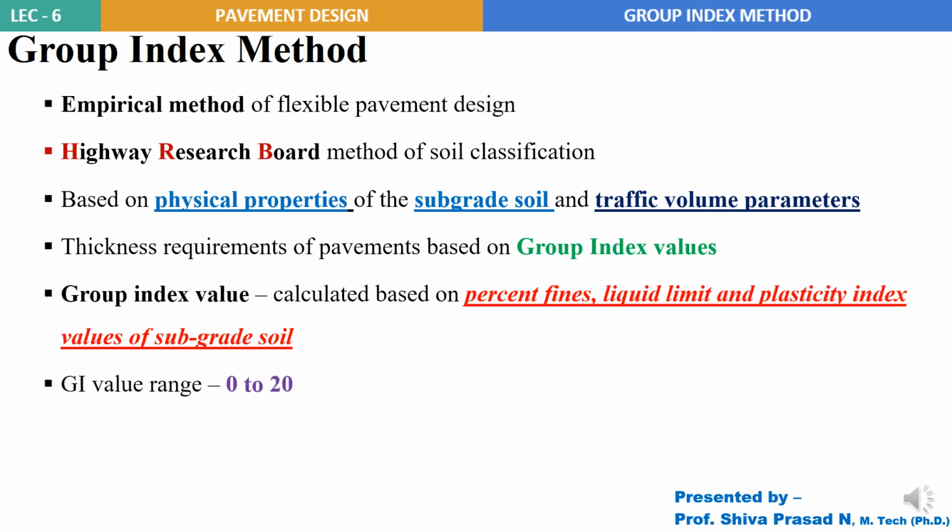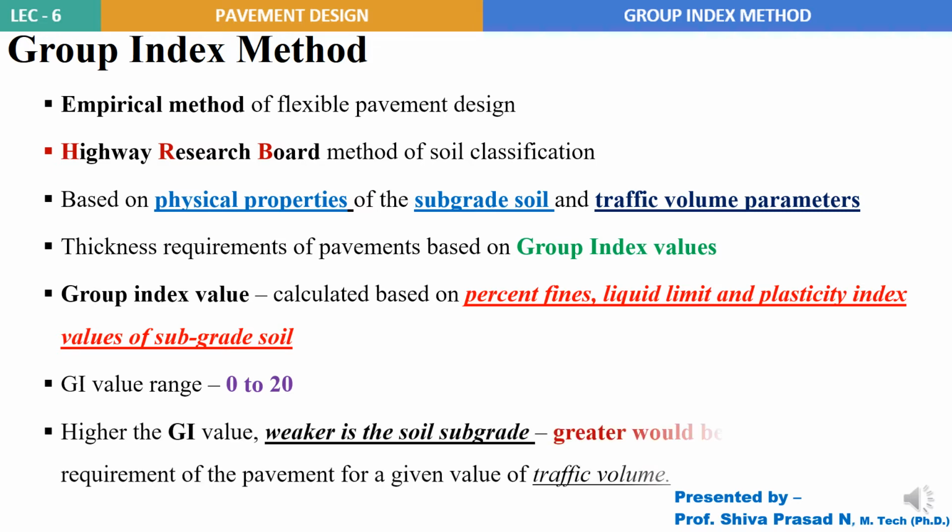The value of the group index for subgrade soils ranges between 0 to 20. And what does this group index value denote? Let me tell you, a higher value of group index denotes that the subgrade soil is weak.